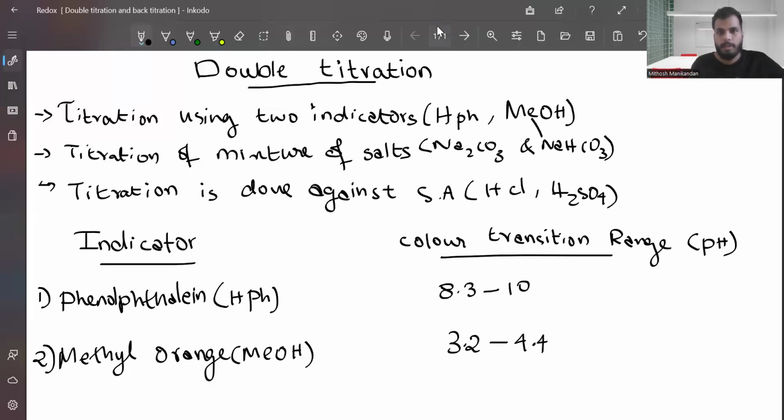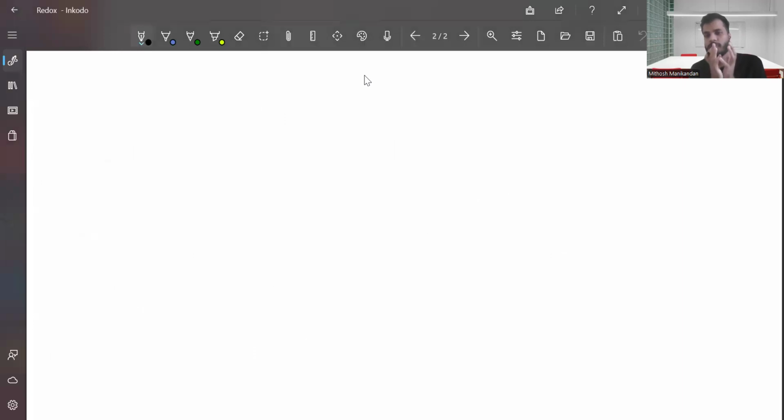Now, how do you find which indicator is suitable for a particular titration? I'll give you a point. For 11th students, we'll again discuss this in the equilibrium chapter. For 12th students, you already know, so I'm just revising it.